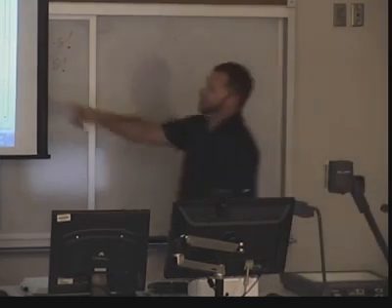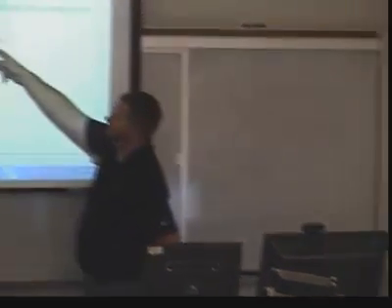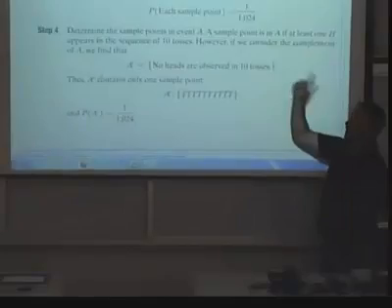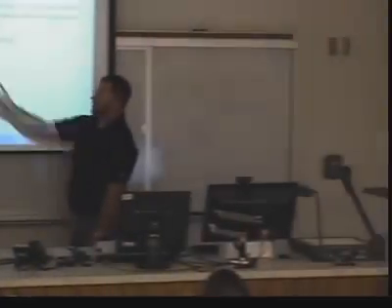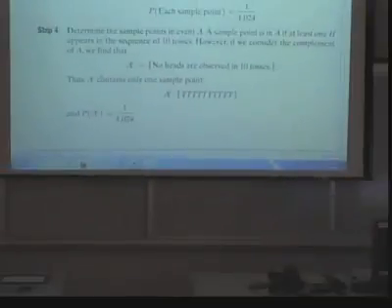See how the complement is no heads are observed in 10 tosses? Because A was defined as at least one head. A complement only has 1 point in it. Right? So this is not 10 choose 2. Ignore that I had went over. All right?